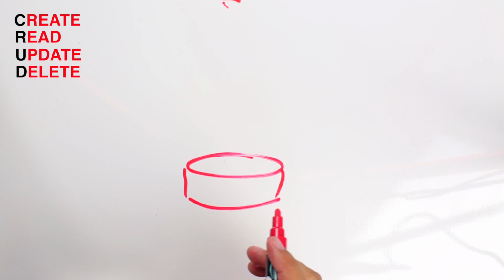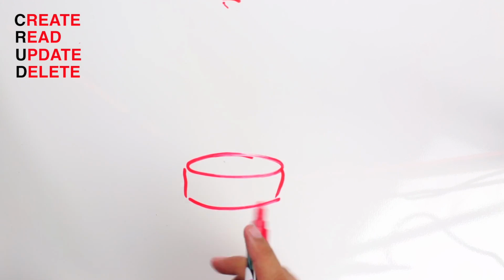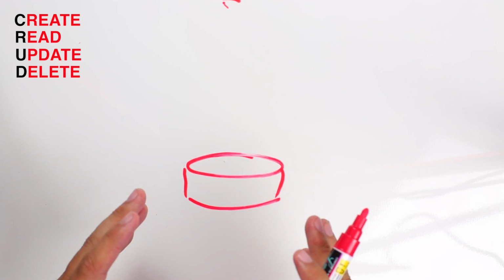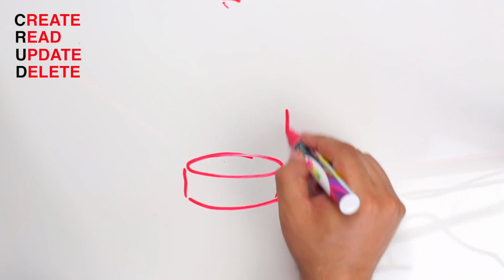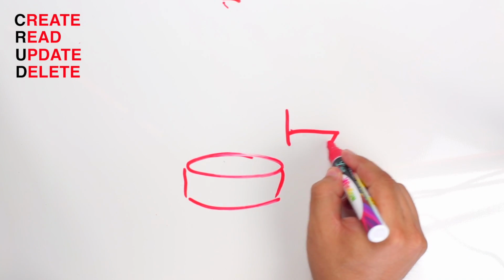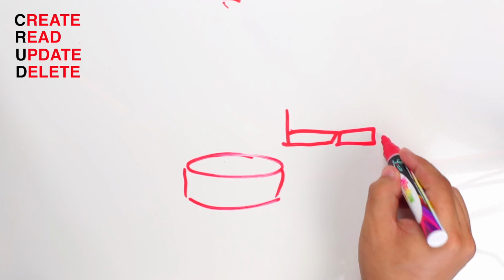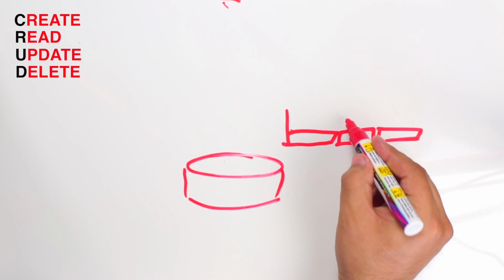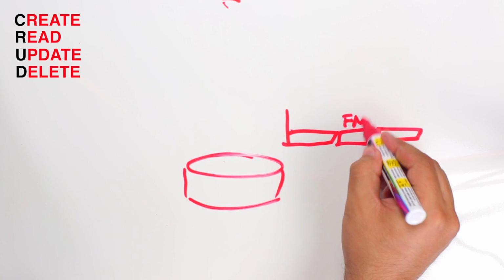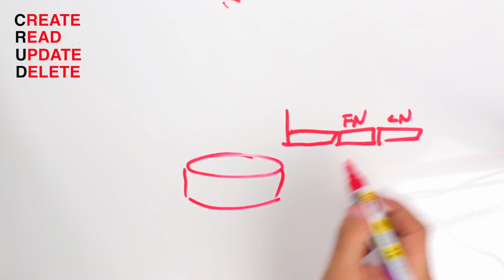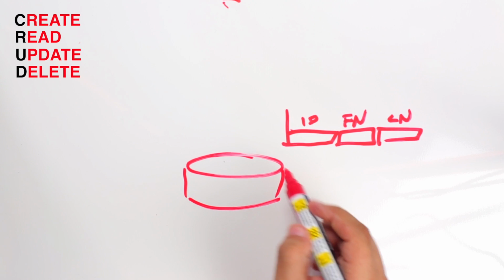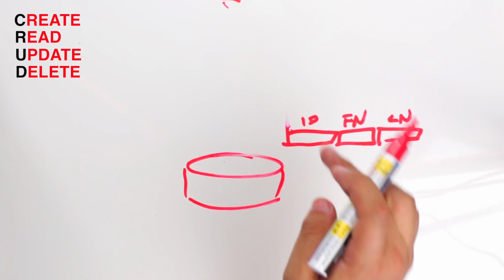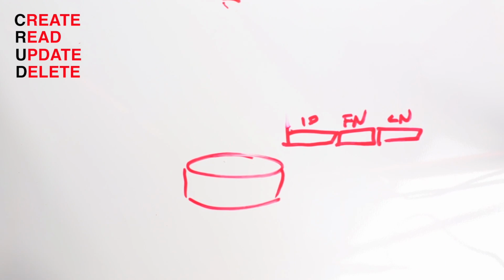When we create a table, which is kind of like a container for information, think of it as an Excel file. It looks something like this. A table has fields, and in this case, we're going to have the fields first name and last name, and we're also going to have a field called ID, and this ID is a unique number.